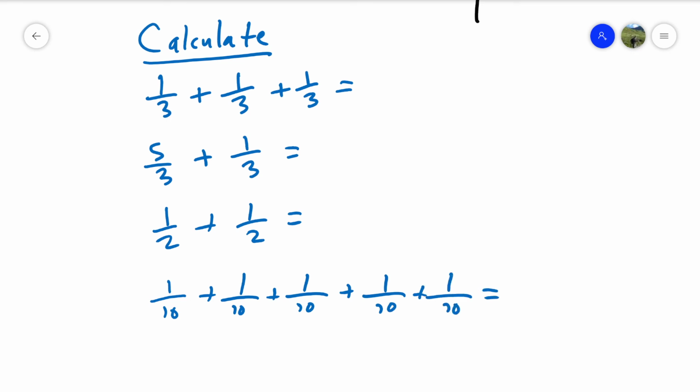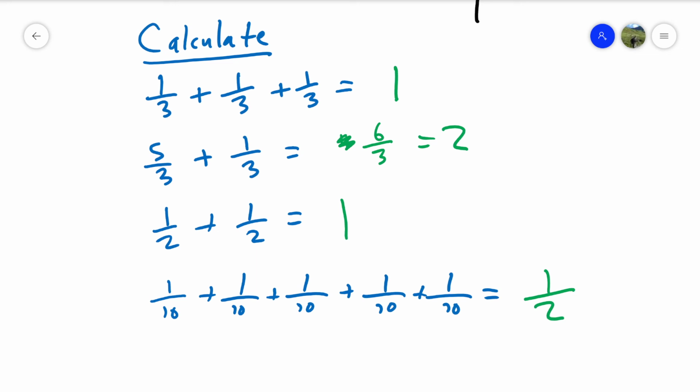Pause the video if you need to. Have a go in your own time. Welcome back. First one is 1. Second one is 4. No, I nearly made a mistake there. I'm going to say out loud 5/3 plus 1/3 is 6/3, which is 2. Half plus half is 1, and this one is a half.